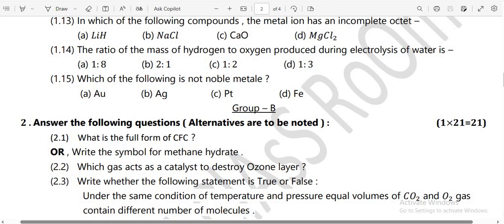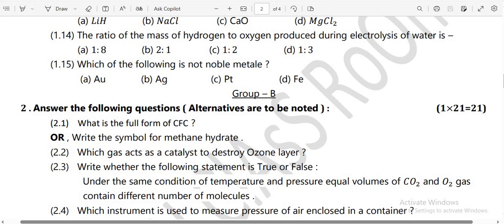Or write the symbol for methane hydrate. 2.2 Which gas acts as a catalyst to destroy the ozone layer?